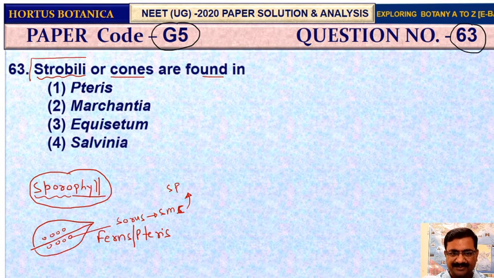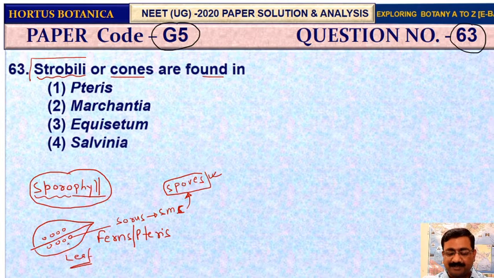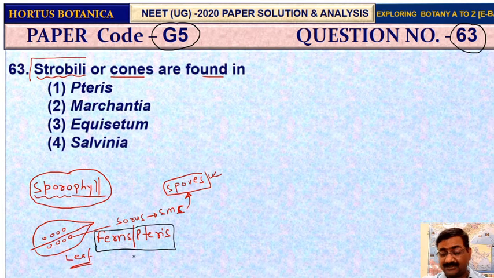Yes, spores. So you are finding how the spores are being borne by this very leaf, so it is called a sporophyll. So it is very much clear what is the term sporophyll, and it's also very much clear that sporophyll is very clearly found in ferns, and you know ferns are usually homosporous, right?